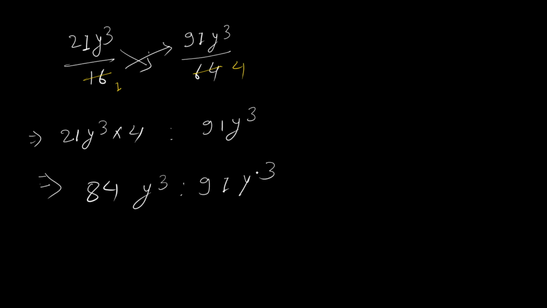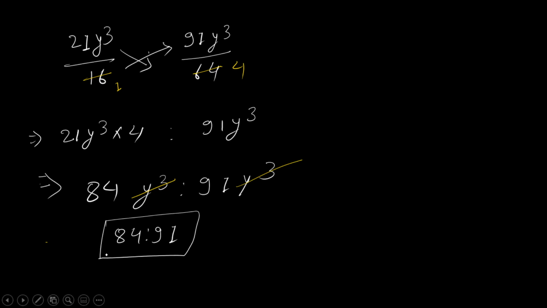Both sides you have y cube. That's what I told, both sides the same variable has to be there so that it gets cancelled, and the final ratio would be 84 to 91. Can you check if there is any option?